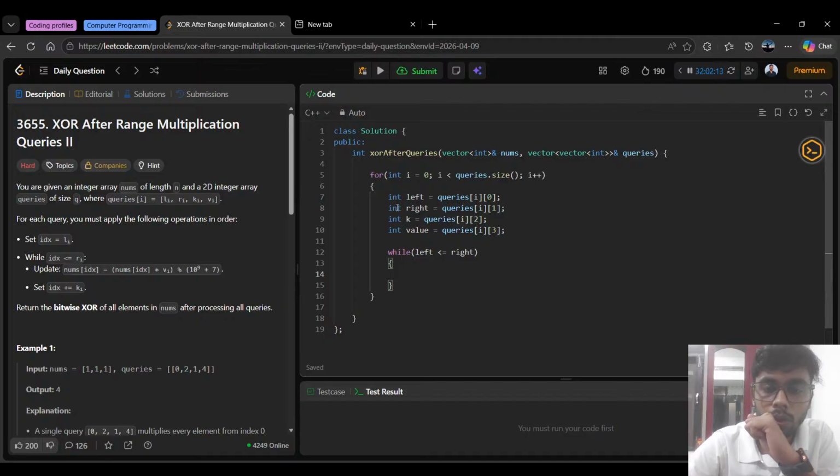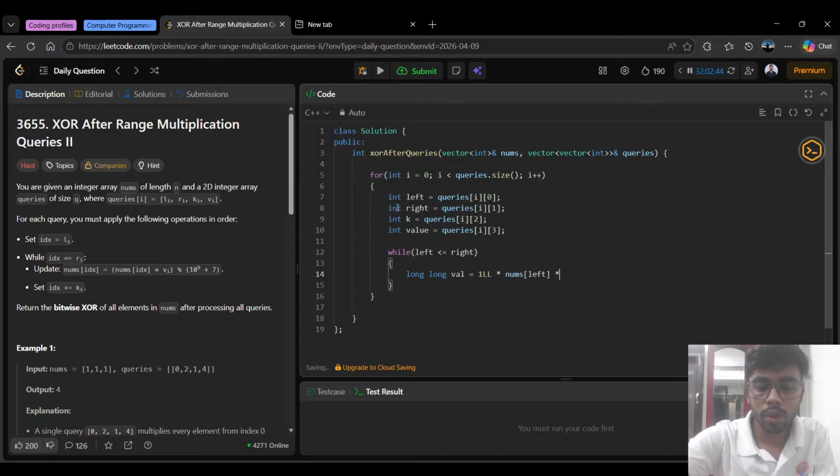So what we have to do is change nums. Long long val equals nums[left] times value, then nums[left] equals val modulo mod.